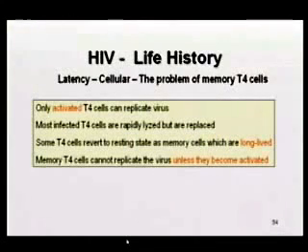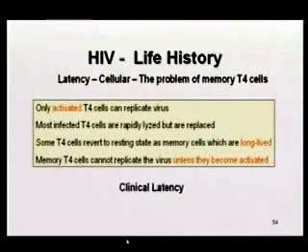It only grows and replicates in activated T4 cells. Most of the infected T4 cells seem to die off, but they're replaced. Some revert to the memory state, and those are long-lived, and they don't replicate unless they become reactivated again. And you have this phenomenon also of clinical latency, which is simply that your patient gets infected and then 10 years later exhibits disease.